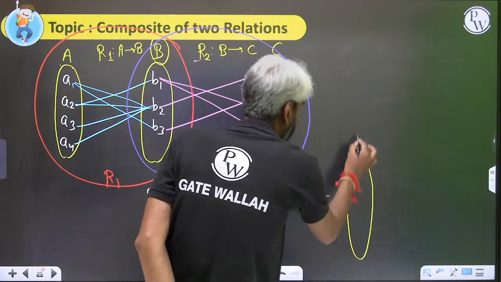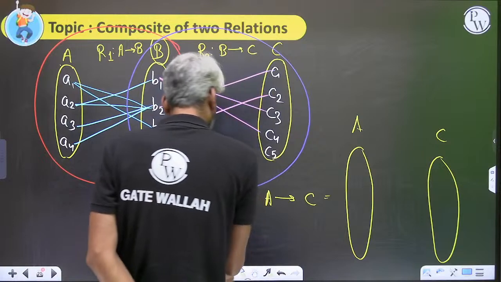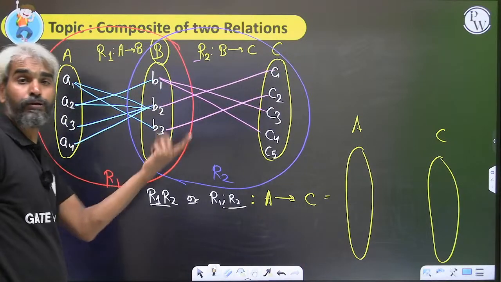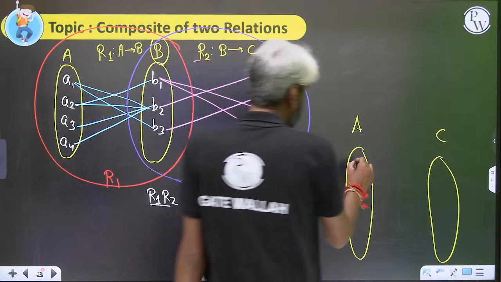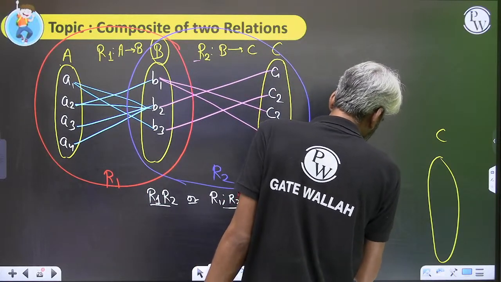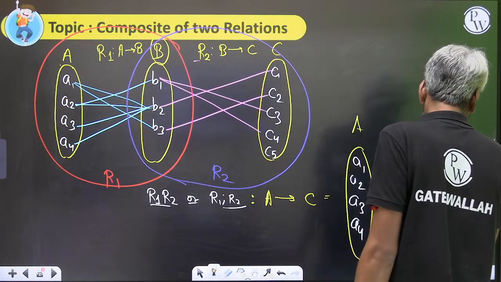This is your set A. This is your set C. That means in this composite of R1 and R2, the elements of set A, that is A1, A2, A3, A4, will relate with C1, C2, C3, C4, C5.